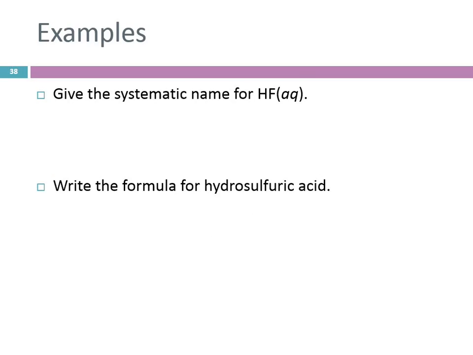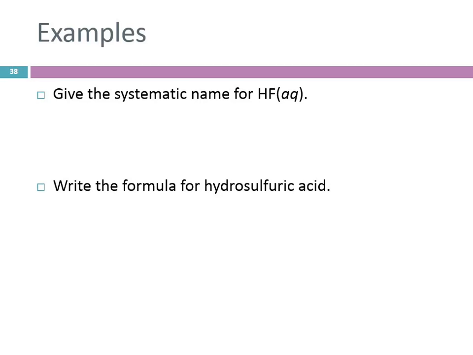Okay, so give the systematic name for HF-AQ. So we see this H, we think this looks like an acid, and the AQ seals the deal. This is named as an acid. It's a binary acid. There's just hydrogen and fluorine.